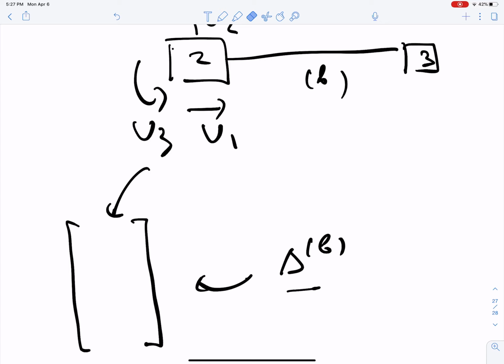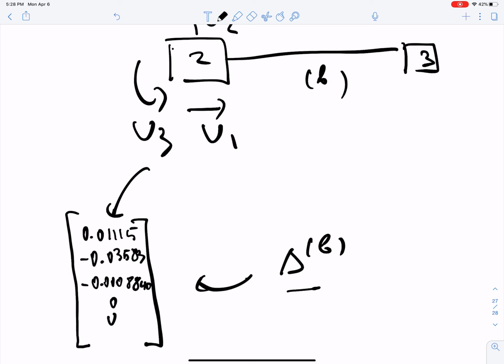So you get .01115. Okay, you just copy the solution to the appropriate location, 0.03583. Okay, then you have the rotation, 0.0008840. Okay, and then at the other end you have nothing, right? It's fixed.